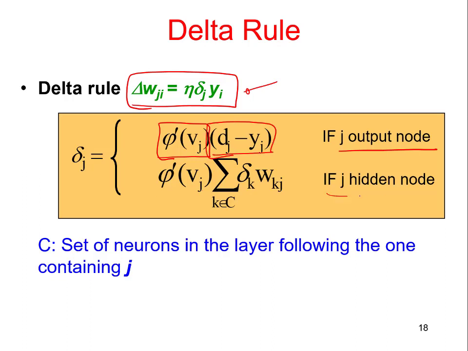And if it is a hidden node, the first order derivative of the activation function of the current hidden neuron is multiplied with the connected output layer's induced error, associated with the weighted sum of the connected kth layer. So k here is considered as the following layer, the one containing j. That means the direct connections that k has with the hidden layer neuron j.